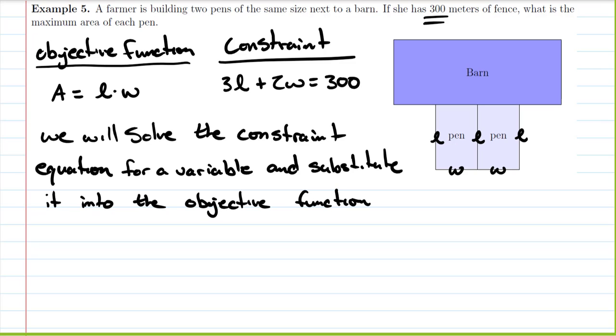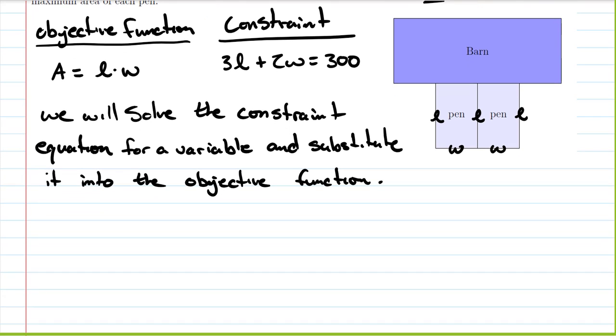So in the constraint equation, we have two different variables. We have L and W, and it says just solve it for a variable. There is no wrong choice. So if you solve it for L, you're going to end up in the end with the same answer as if you solve it for W. So I am going to solve my constraint equation for L just because I'm picking L. If you pick W, you'll get the same answer in the end.